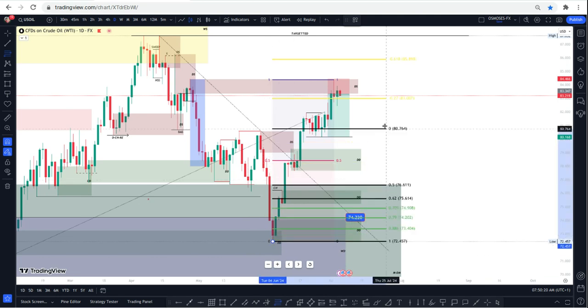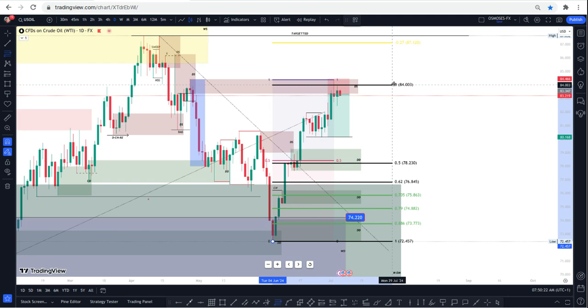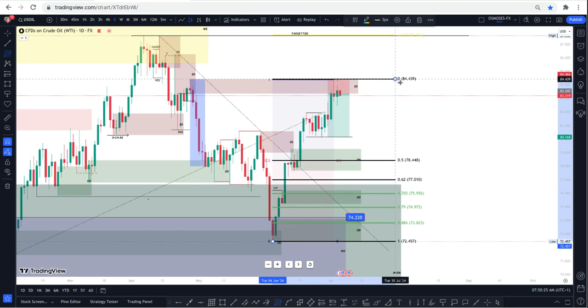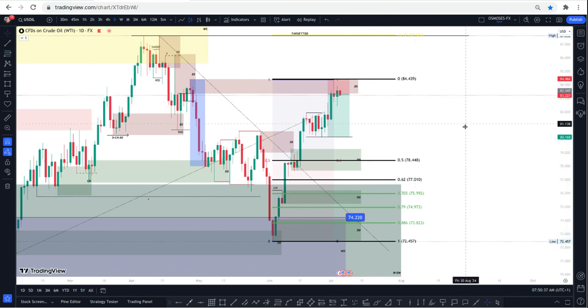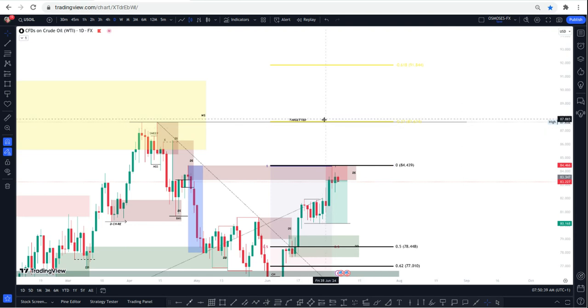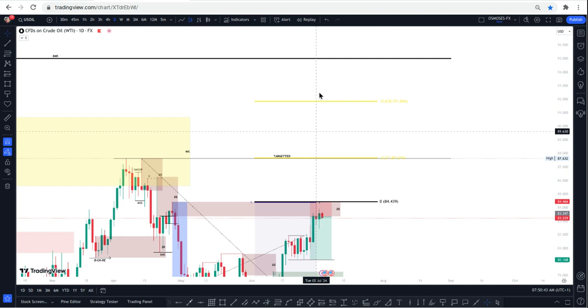Let's see. You can see my fib still picks up this zone as a possible buy zone. My fib said this is my first take profit, then I can pick this as my second take profit.